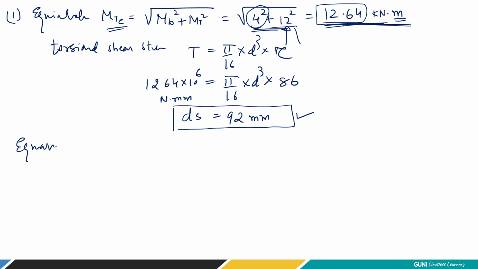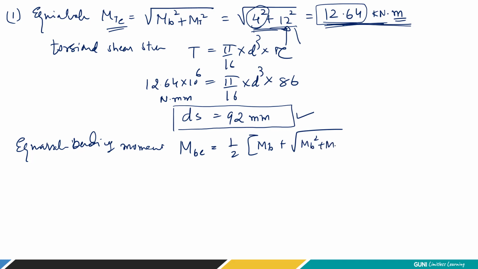Because of torque, there is going to be an increase in bending. So the equivalent bending moment, we are going to call it BEE. By theory, it is 1 by 2, bending moment plus the square root of bending moment square plus MT square.